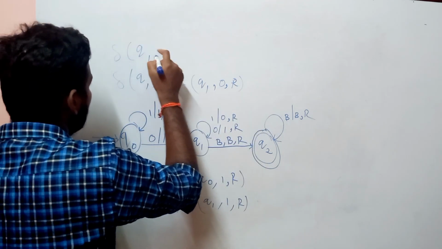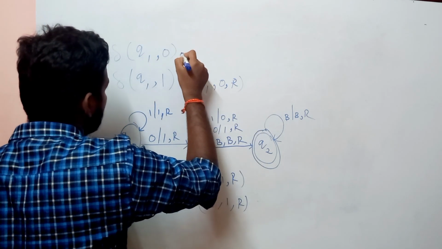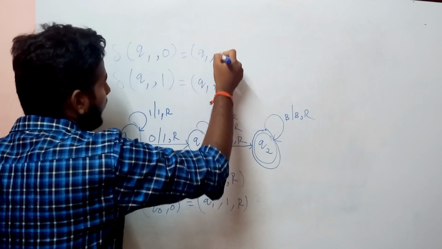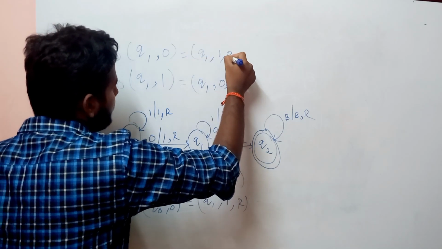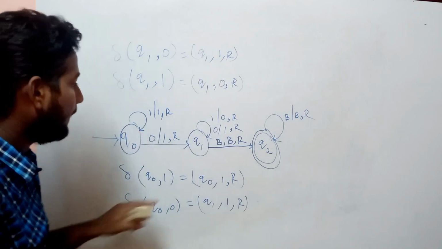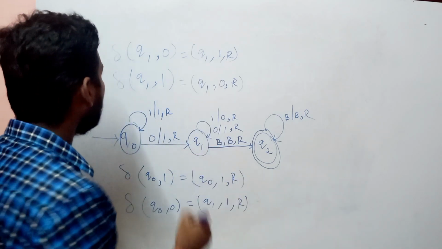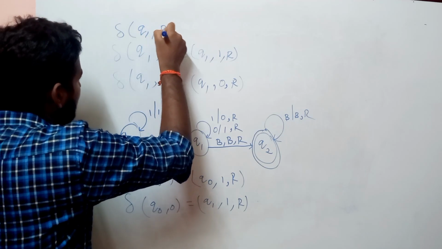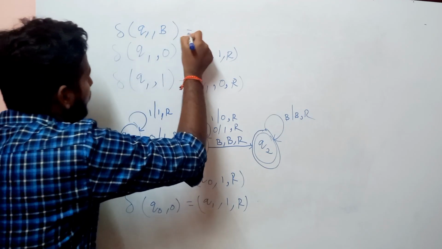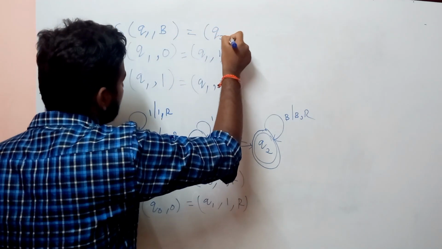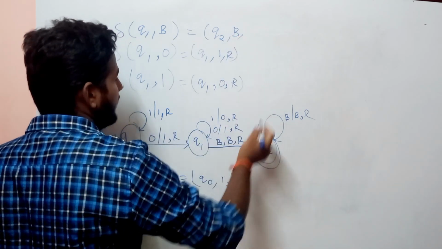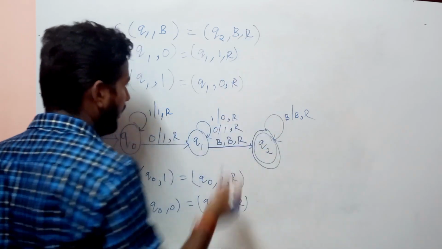In the same Q1 state, when we use 1 as input, then it remains in the same state Q1 and gives output as 0 and the direction is R. In this Q1, if we apply blank, then Q1 changes to Q2 and blank is replaced with blank and the direction is R.